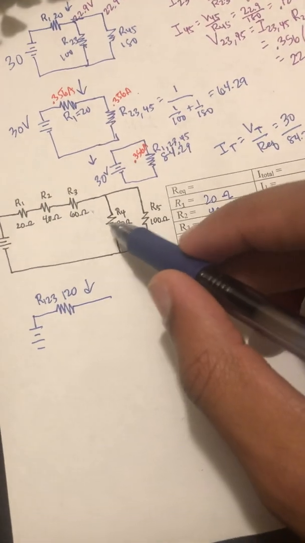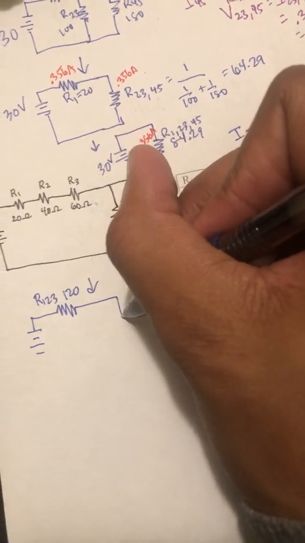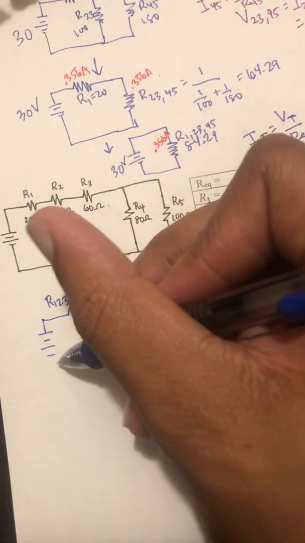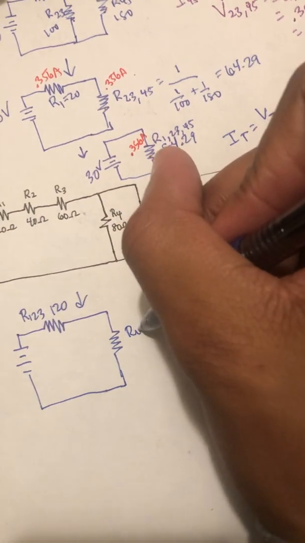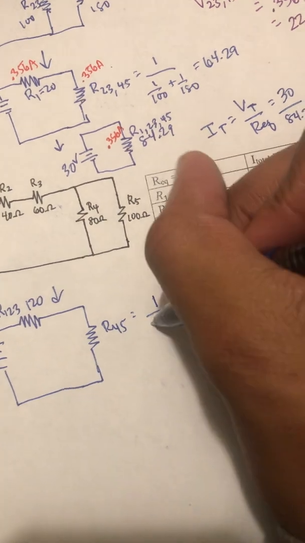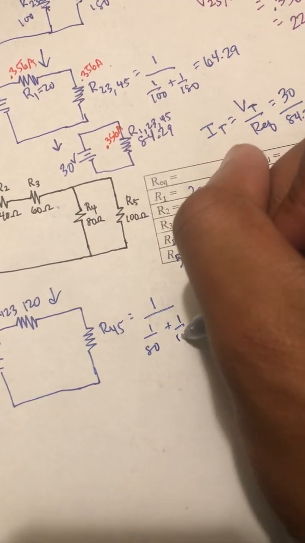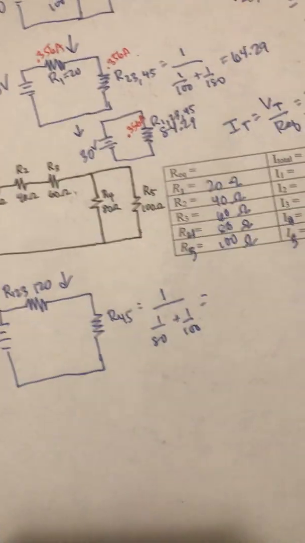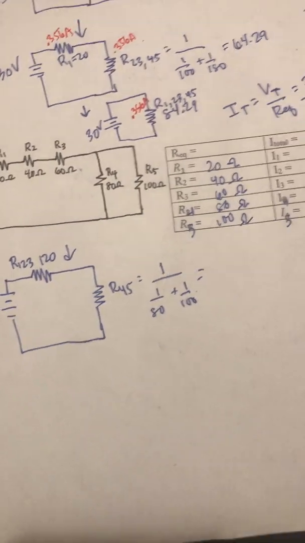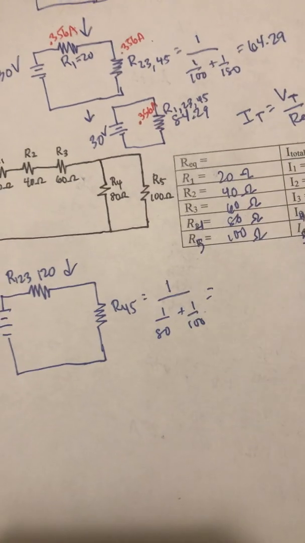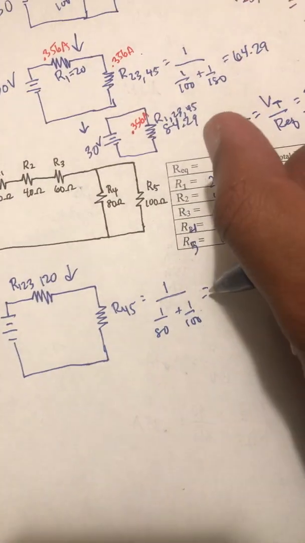And then these are in parallel, so I can add those up. R45, which is 1 over 1/80th plus 1/100th. 1 over 80 plus 1 over 100. Then 1 over that answer gives me 44.4. This is 30 volts.